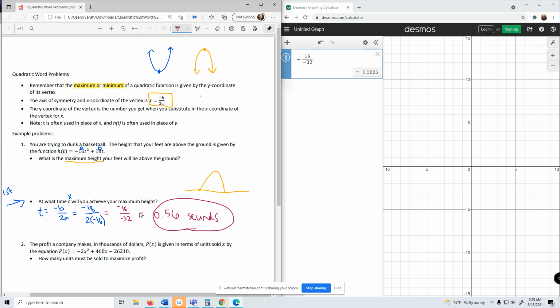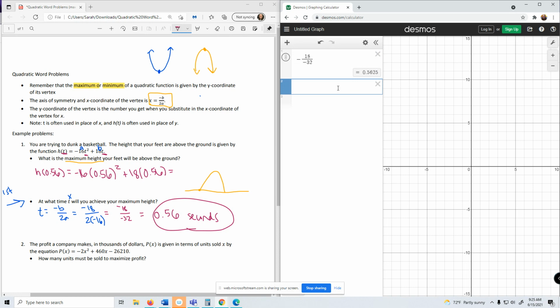Now that we know that x-coordinate, or t in this case, we can plug it in for our variable in our equation to find the y value, which is our maximum height. So to find that maximum height, instead of t, we're going to put 0.56. So h of 0.56 is replacing those t's with 0.56: negative 16 times 0.56 squared plus 18 times 0.56. Once again, let's use Desmos for that.